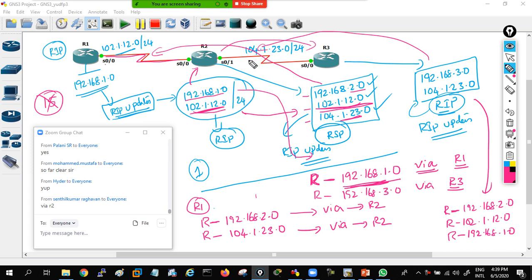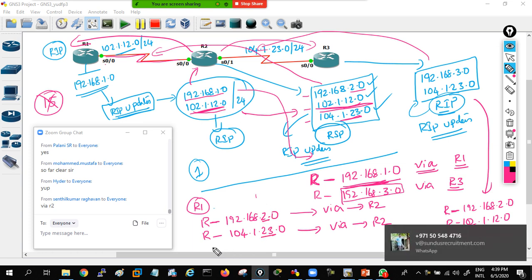Then Router 2 will send the latest update, because it now got 192.168.3 from Router 3. It tells Router 1, hey Router 1, I have one more update with me: 192.168.3. Do you know that? Router 1 says, I know 192.168.1, 12, 2 and 23, but I don't know about that. Can I add it? Yes, add it.